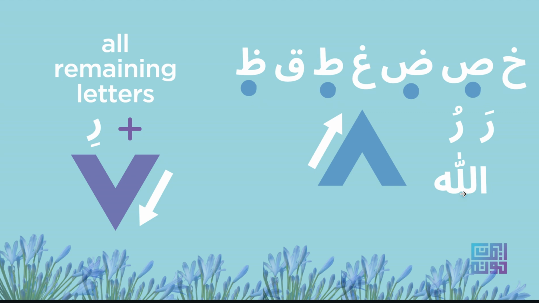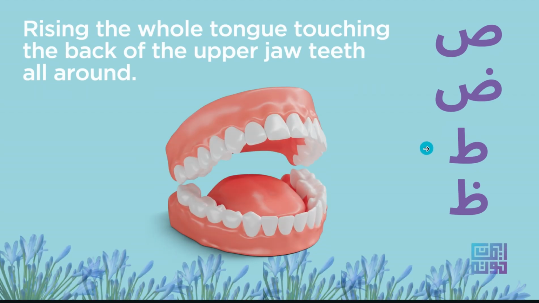And the lam, in the name of Allah, we are going to keep it for another recording, insha'Allah. And then we have also the qaf that we are not going to mention today. So let us go further and let us see how these letters are pronounced.